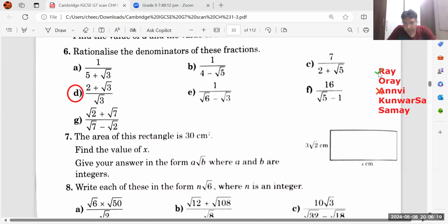Rayan, beta, use the bracket to show what's the numerator and what's the denominator. You will be using the brackets in the calculator also. Yes, sir. So if you have got it right, you can do the E part and then F and G also.